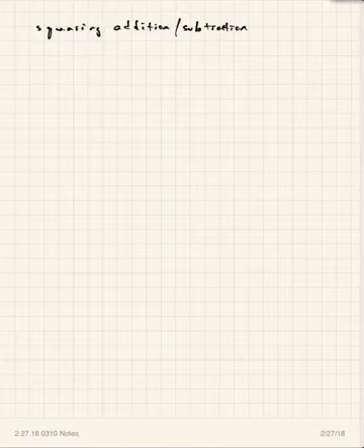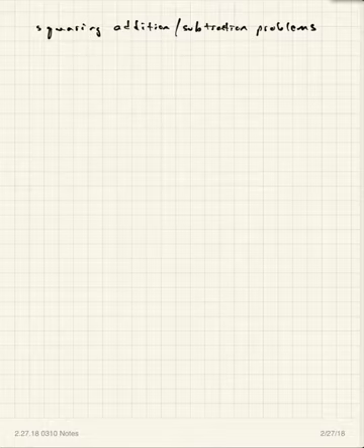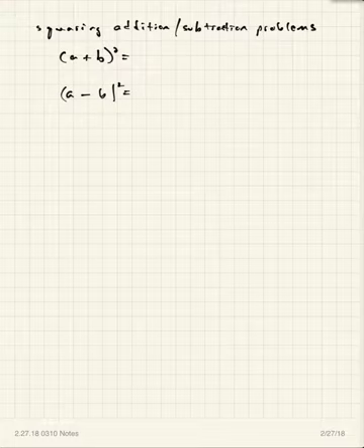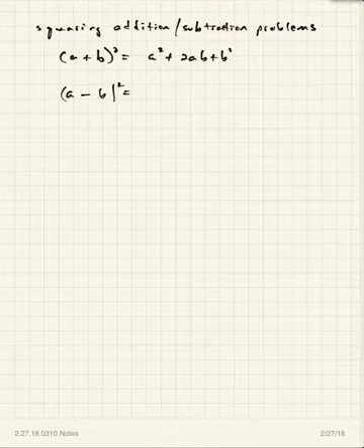And there's a pattern here that's useful when you have square roots. So we're talking about taking a plus b and squaring it, and a minus b and squaring it. Right? You're squaring an addition problem, you're squaring a subtraction problem. And remember, the pattern is a squared plus 2ab plus b squared, and a squared minus 2ab plus b squared.